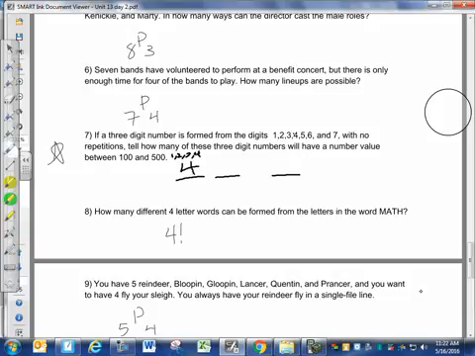So only 4 choices for the first one. The second digit, you have 7 total, but 1 is already being used, so you have 6 for the second digit and 5 for the third digit. Sometimes you need to just take away the permutations and think about it in terms of slots.